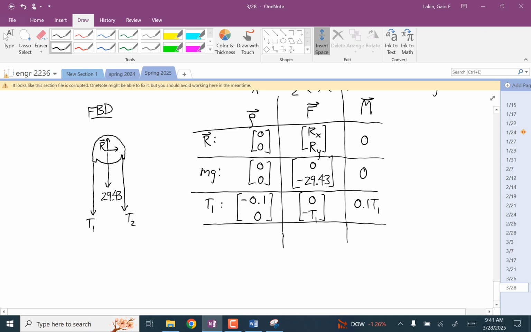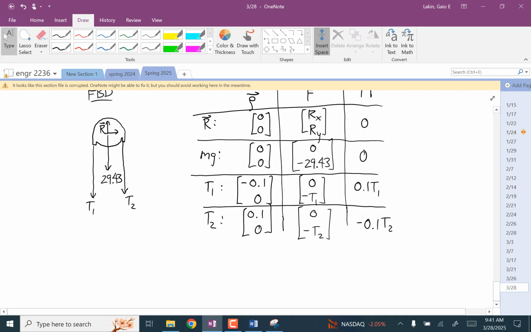It says that that's counterclockwise. Does that make sense for that force? Yes. And then T2, the r vector is positive 0.1, 0. That force is 0, negative T2. And so that cross product is negative 0.1 T2. Does it make sense that that's clockwise? Yeah.